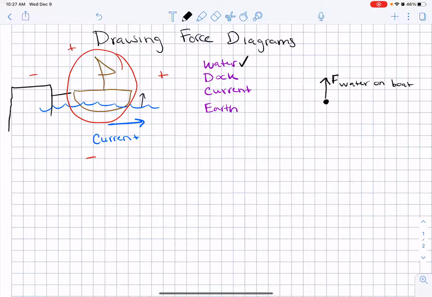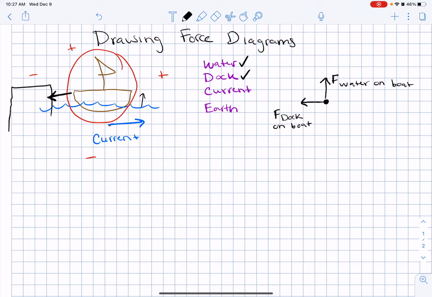Okay, we got that. All right, next is the dock. Well, the dock is pulling the boat in that negative direction, right? It's keeping it towards the dock. So I'm going to draw an arrow in that direction and label it force dock on boat. So we got that. Okay, let's look at the current.